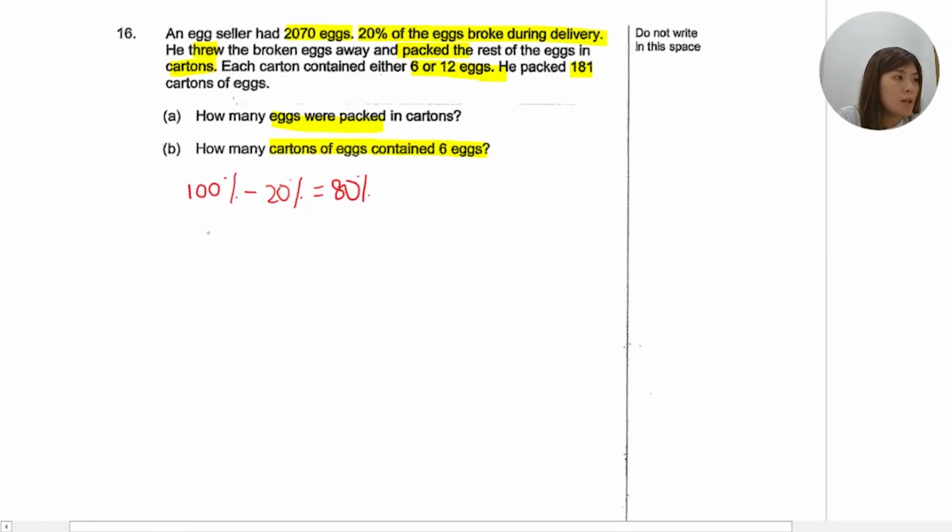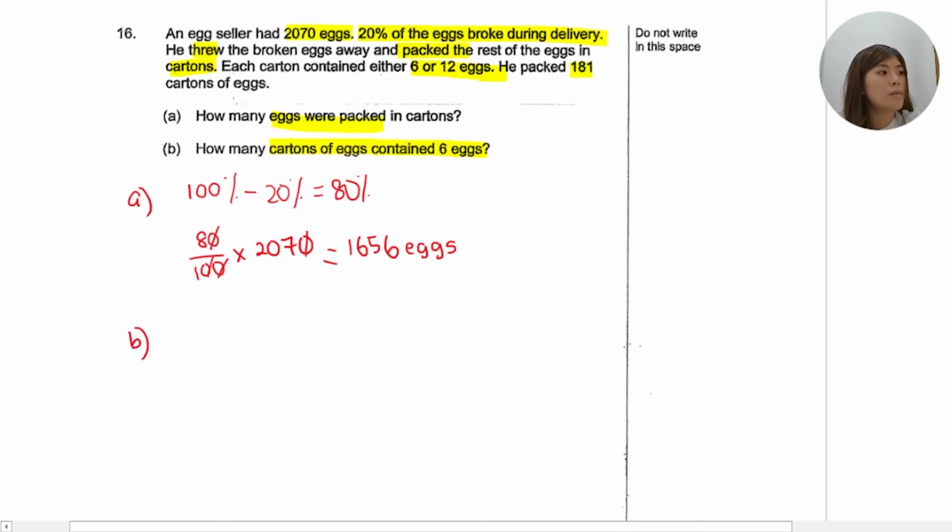So 80% over 100 multiplied by 2070. 207 multiplied by 8, 1656. So part A, how many eggs were packed in carton? 1656. That's part A. Okay, part B.